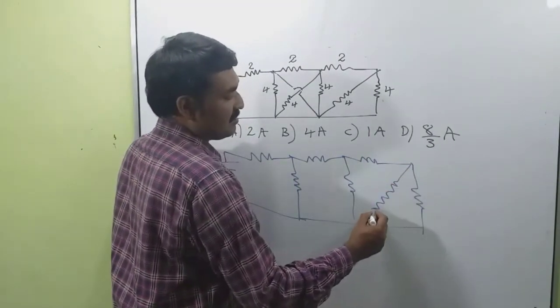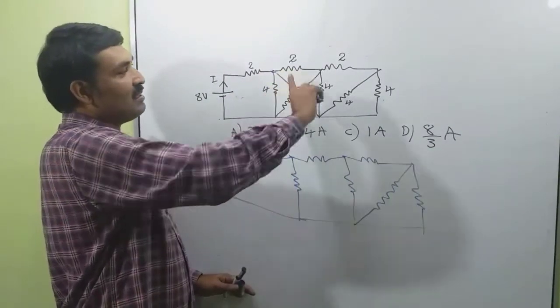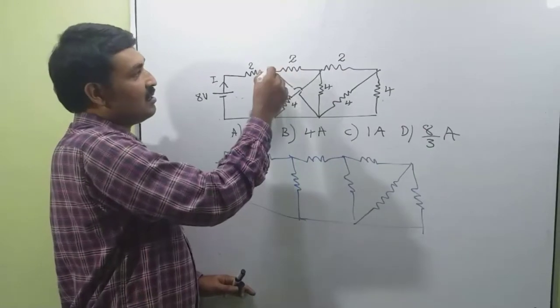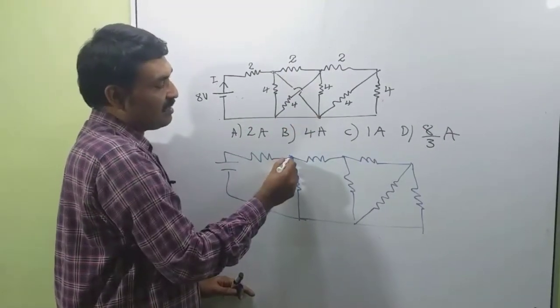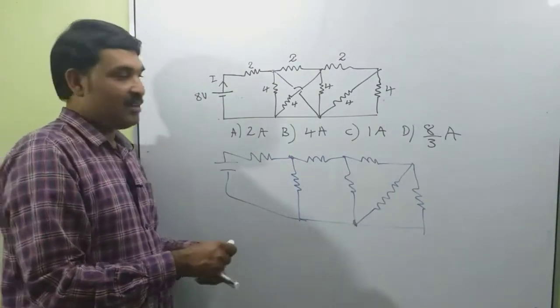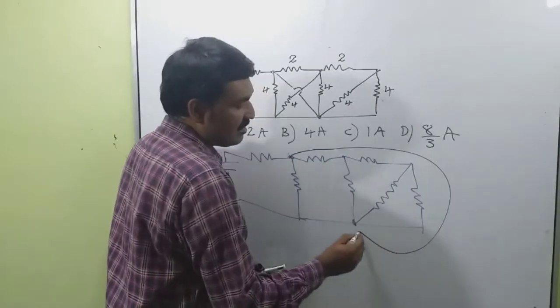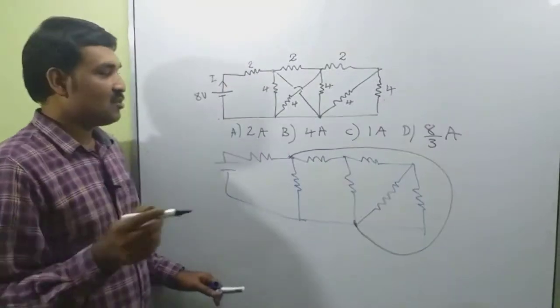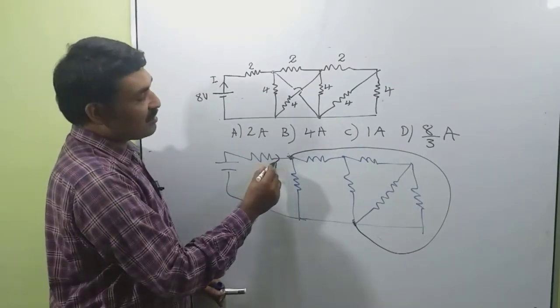Okay, now I can draw this short circuit path, from this point to this point, that is from here to here. That can be drawn in this manner. Okay, so at this point, this current is coming at this node.